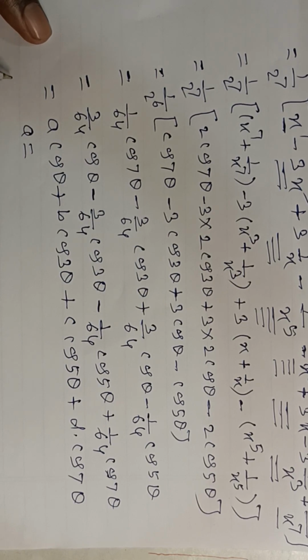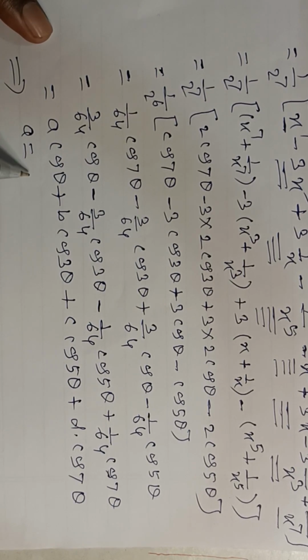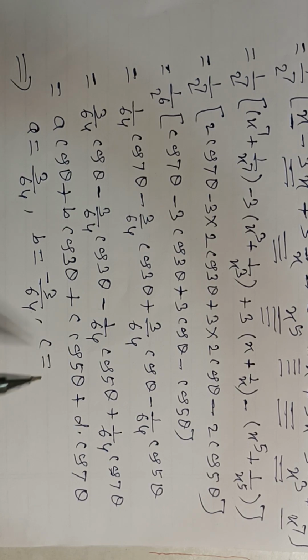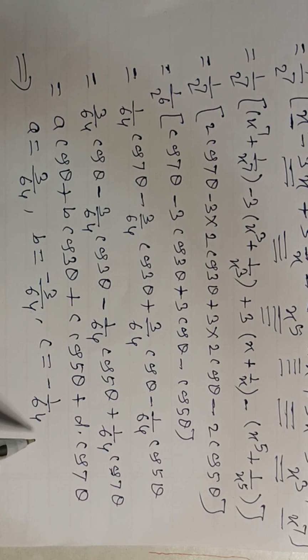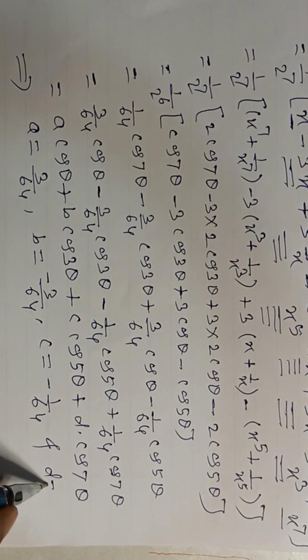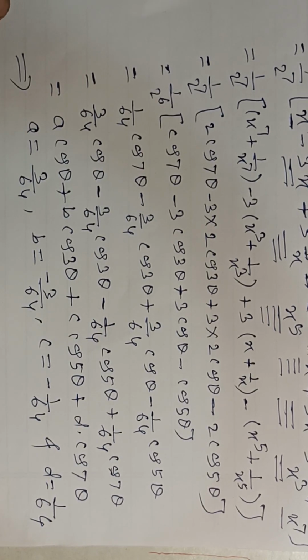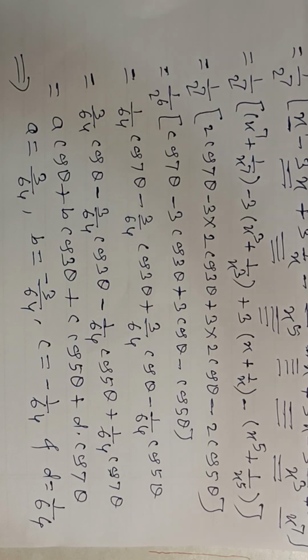This implies a is equal to 3 upon 64, b is equal to minus 3 upon 64, okay, then c is equal to minus 1 upon 64 and d is equal to 1 upon 64. Okay, these are the values of a, b, c, d. This is sum number 2. Let us solve the next sum, that is sum number 3.